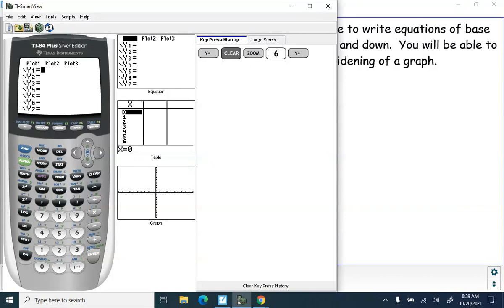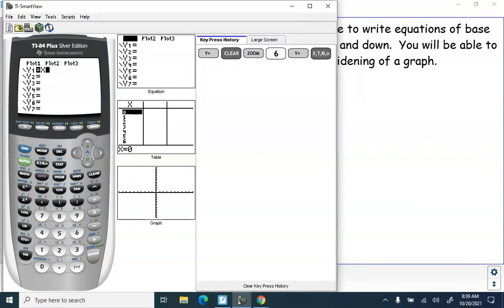What I want you to do in your Y1, type in your X squared. And your Y2, type in your X minus 1 quantity squared, and your Y3, X minus 2 quantity squared. And your Y3, type in your X plus 2 quantity squared.